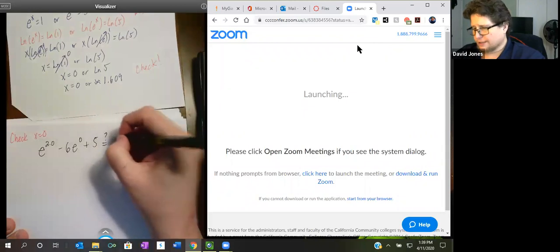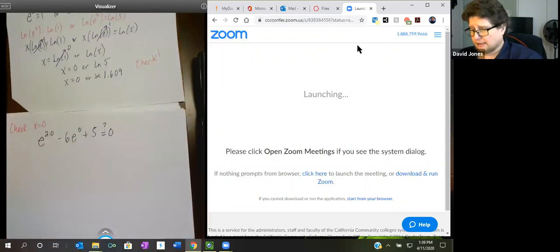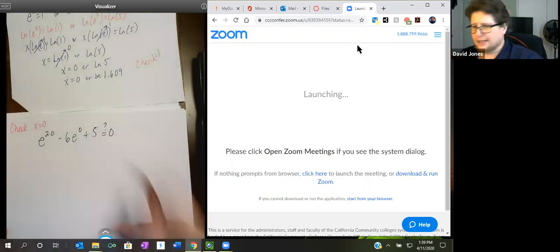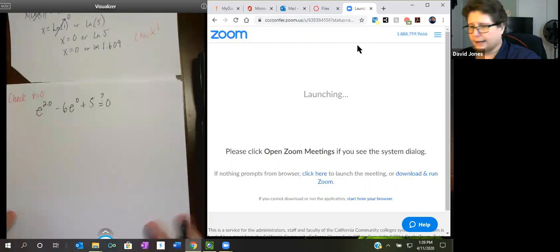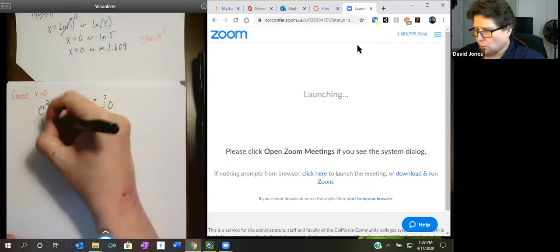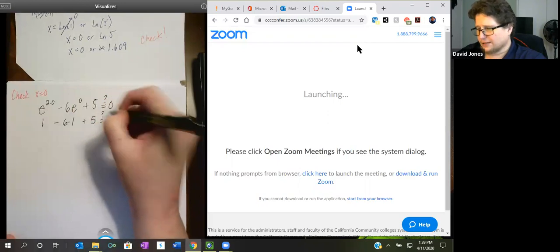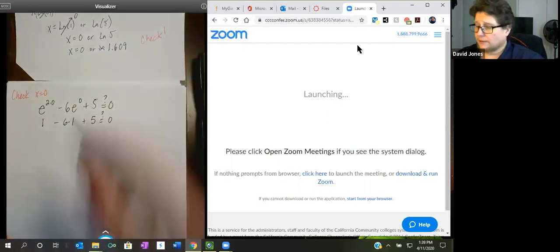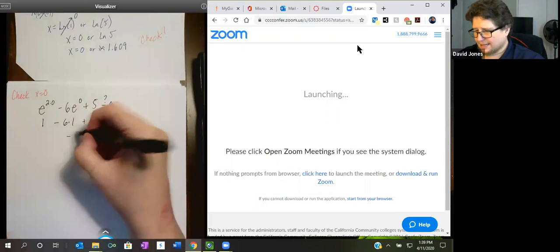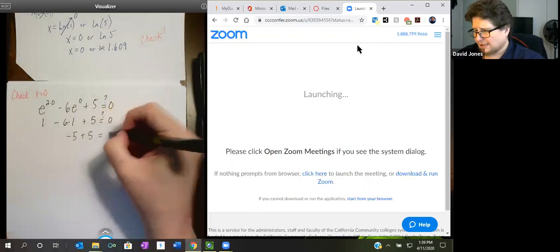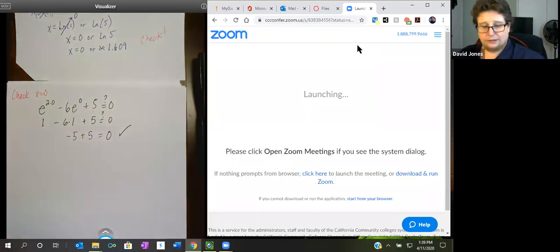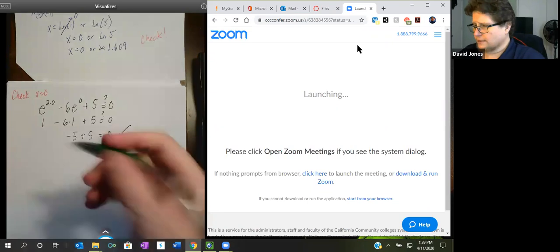Does that equal 0? These both end up being e to the 0, and anything to the 0 power is 1. So 1 minus 6 times 1 plus 5. Does that equal 0? 1 minus 6 is negative 5, and negative 5 plus 5 does equal 0. So x equals 0 works. We'll try the other one.